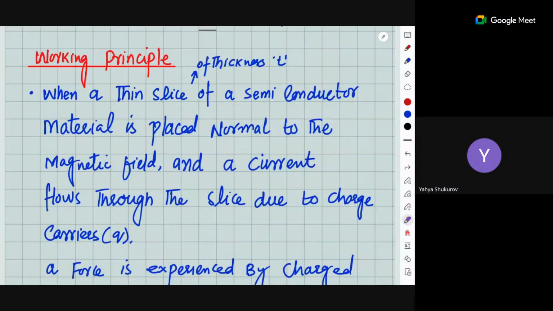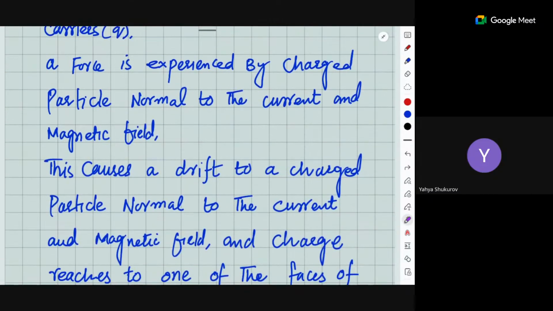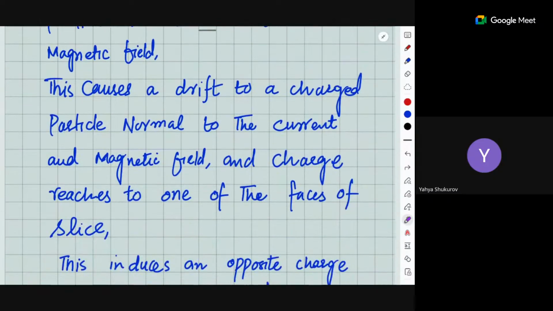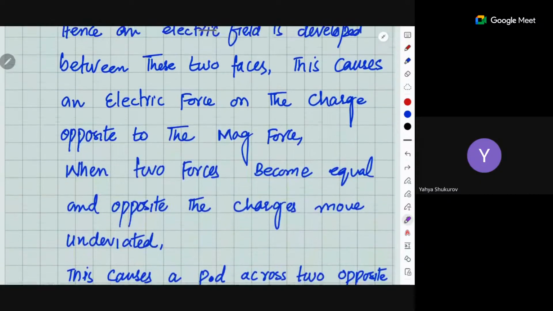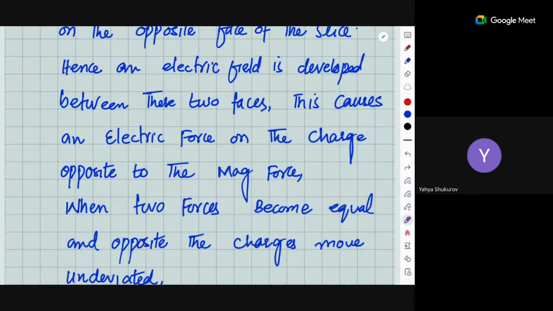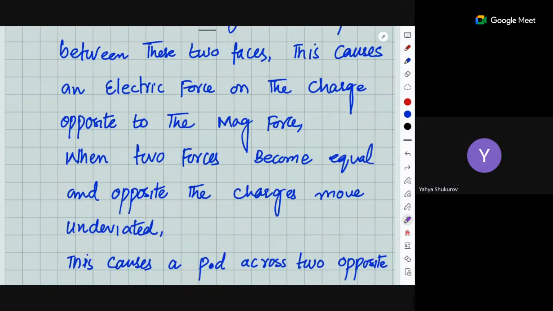The working principle: when a charge carrier enters a uniform magnetic field in a conductor or slice, it is drifted in one direction. Due to that drift, one face of the conductor becomes positively charged and the other becomes negatively charged. That is why an electric field is developed between these two faces, and it causes an electric force on the charged particle opposite to the magnetic force.